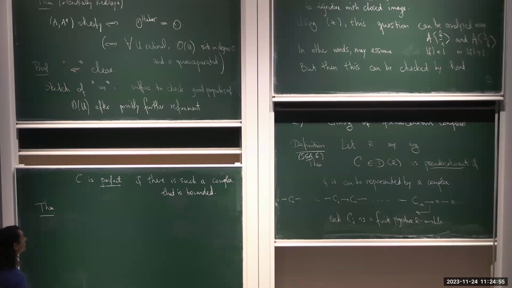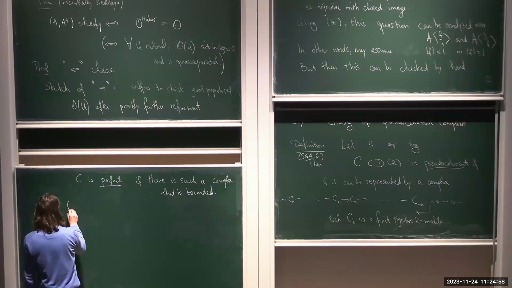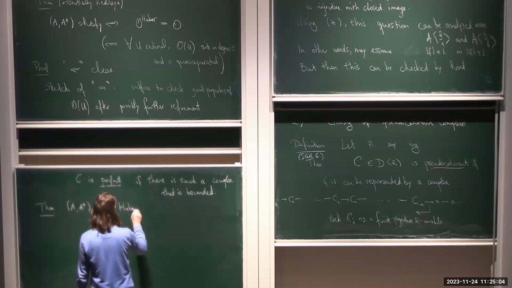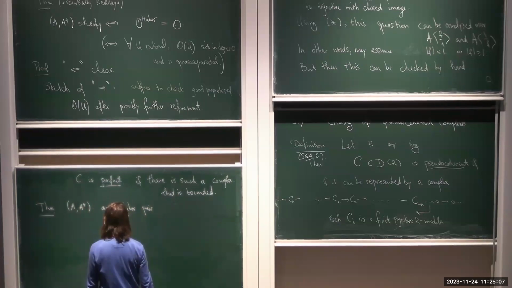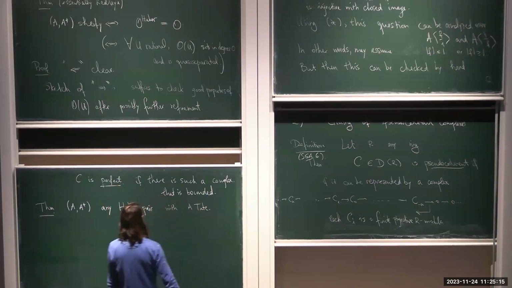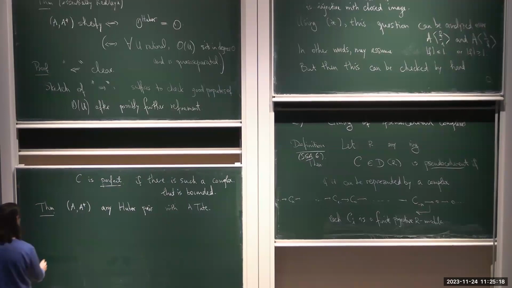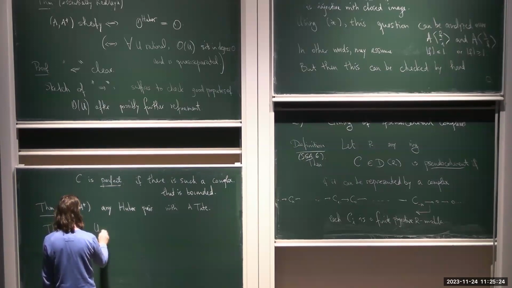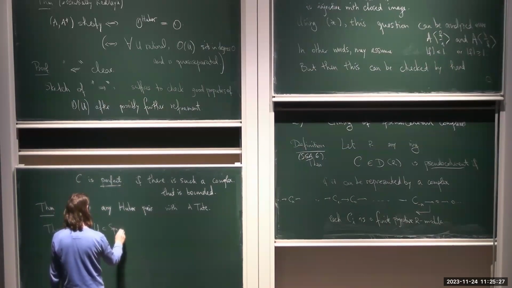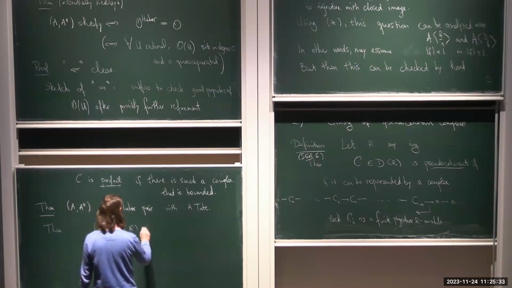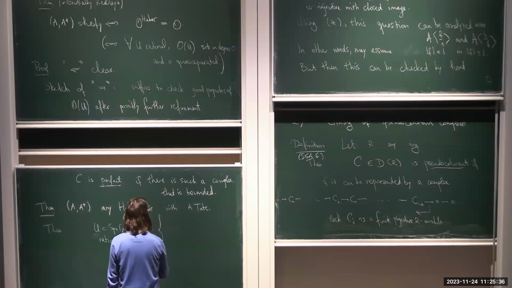And then the theorem is that, let's say (A, A^+) is any Huber pair, which is sheafy. Then setting any U, a rational subset, you can take the following things.